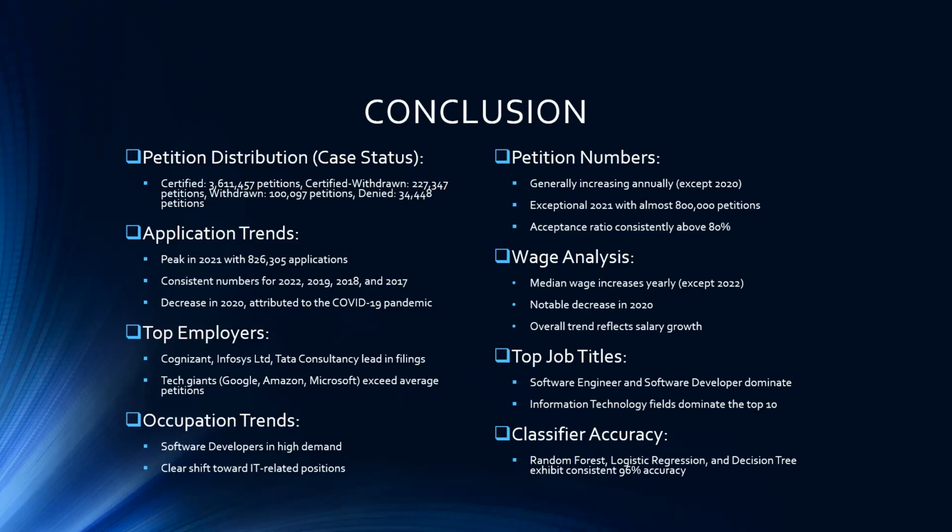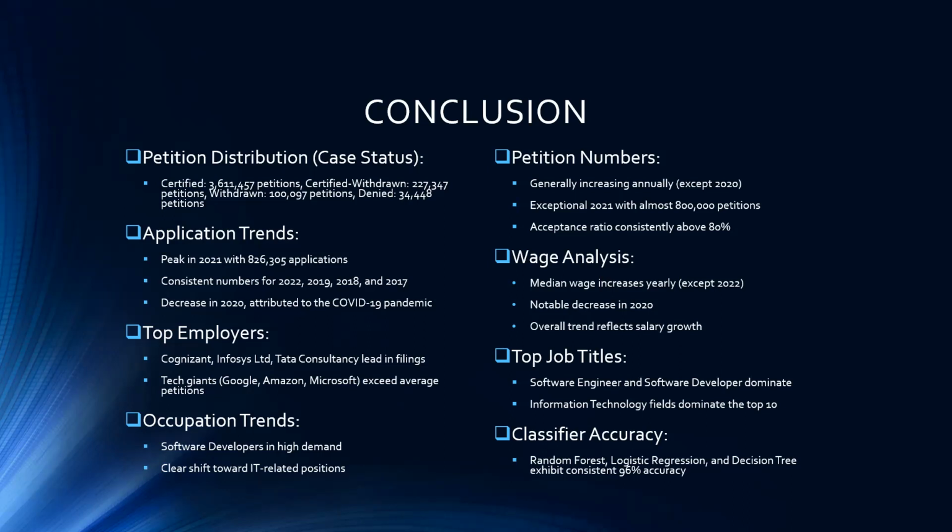The second one is the application trends. We see there was a peak in 2021, but consistent numbers for 2022, 2019, 2018, and 2017. But it decreased in 2020, maybe due to the COVID-19 pandemic.